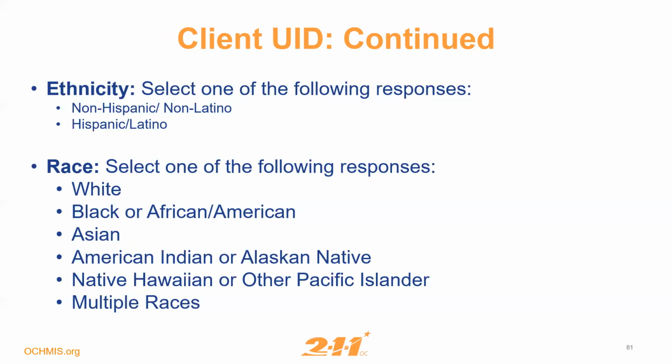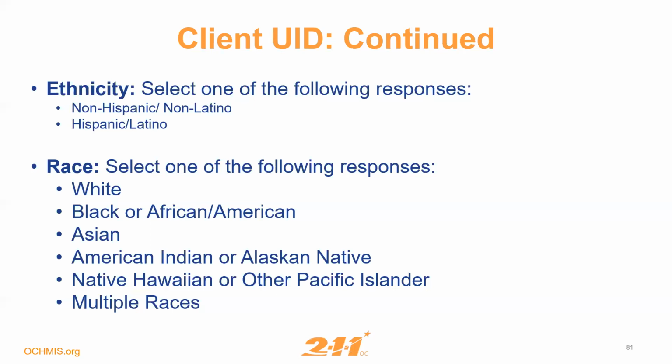Then you are asked to provide the client's race, selecting from one of the following responses: white, Black or African American, Asian, American Indian or Alaskan Native, Native Hawaiian or other Pacific Islander, or multiple races. And we want to make a note that multiple races is an option for people who identify as non-Hispanic, non-Latino.